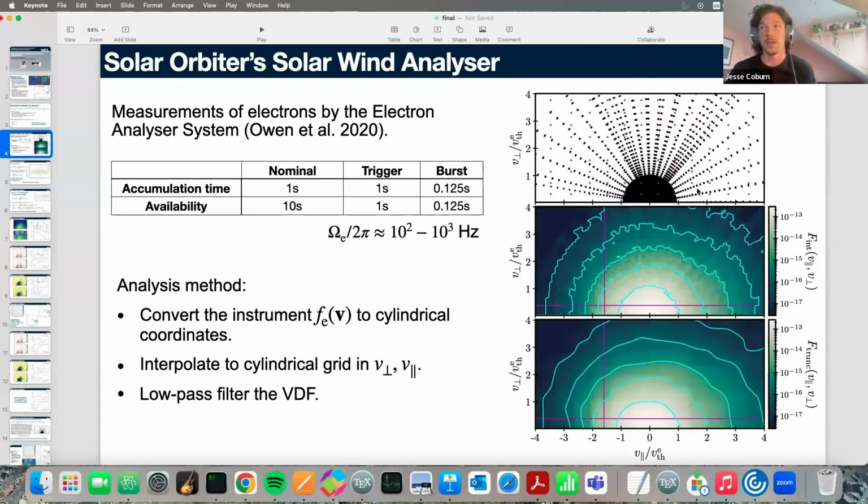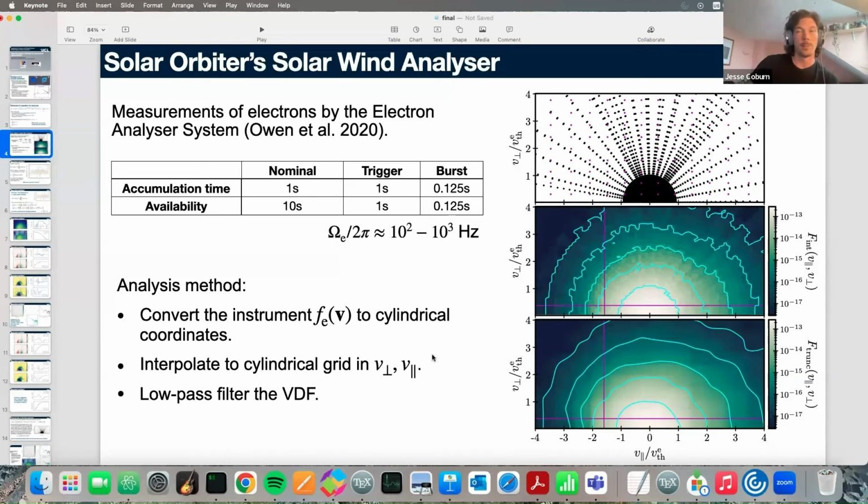Okay, and this nice plane here in this black semicircle in the middle is the portion of the VDF that's corrupted by interaction with the spacecraft, or from the spacecraft themselves. Okay, and so the second step is to interpolate to a new grid in V perp and V parallel. Okay, and then the final step is to low pass filter the VDF.